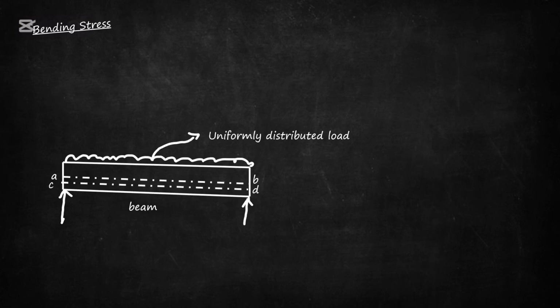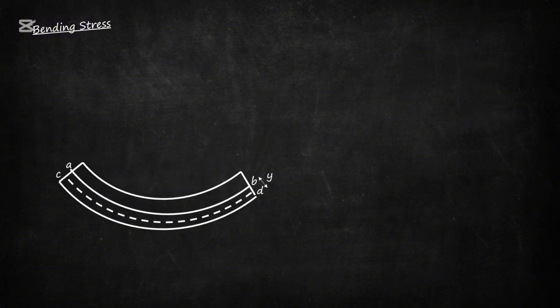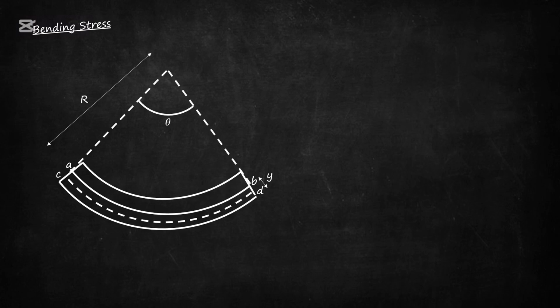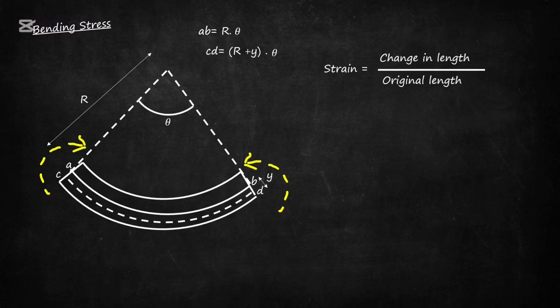Now consider a beam under uniformly distributed load. AB is a neutral axis, and CD is the line below the neutral axis. Let C and D be y from AB. We have a radius of curvature r. The length of segment AB is r theta, CD is (r plus y) theta, and we also know strain equals change in length by original length, which is equal to CD minus AB by AB.